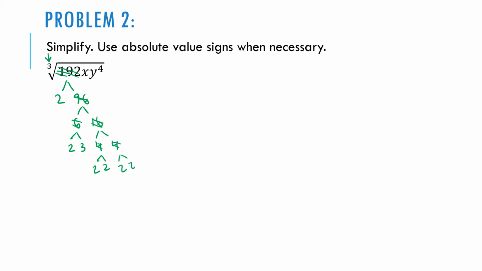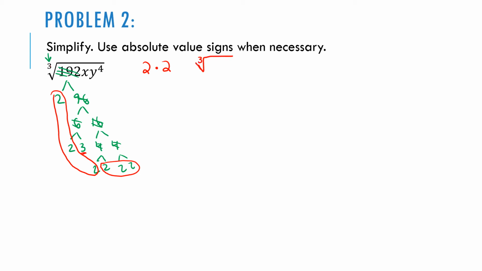But this time, once again, I am now circling in groups of 3. So these are going to get circled, and these 3 2's will get circled. This time, I only have 2 circles, so I'm only going to have 2 2's. I am still left with a 3 that couldn't be circled, so it's going to stay inside the radical.